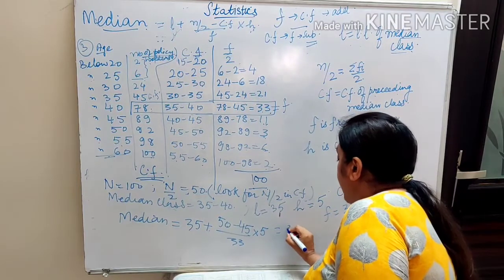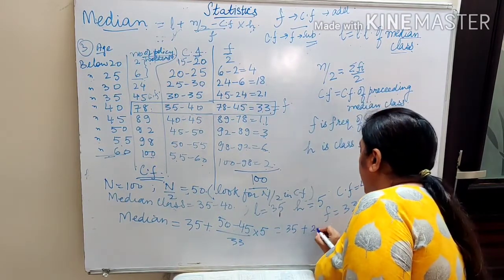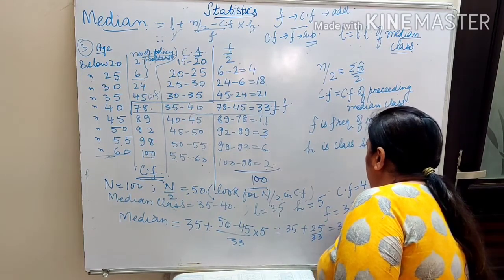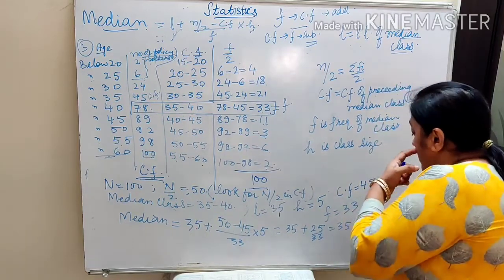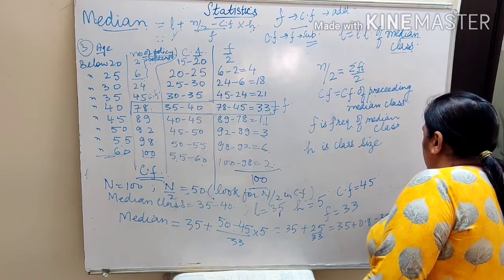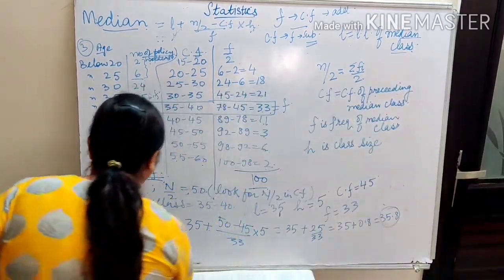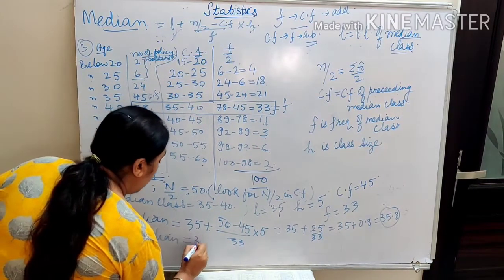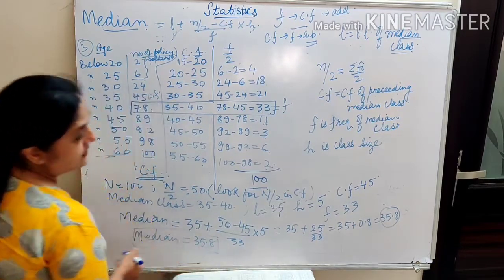Keep 35 separate. 5 into 5, 25 upon 33. That comes out to be 35 plus approximately 0.8. So my median comes out to be 35.8. The calculation of median is very important.